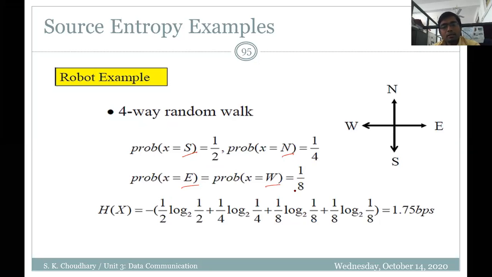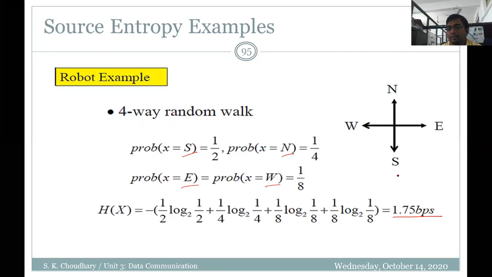So what is the average information or entropy of this robotic source? This would be calculated with the help of the formula minus px log px. Here I have taken the negative sign to simplify our calculation, or you can take the formula px log base 2 of 1 upon px. Using either formula you would get the answer 1.75 bits per symbol.